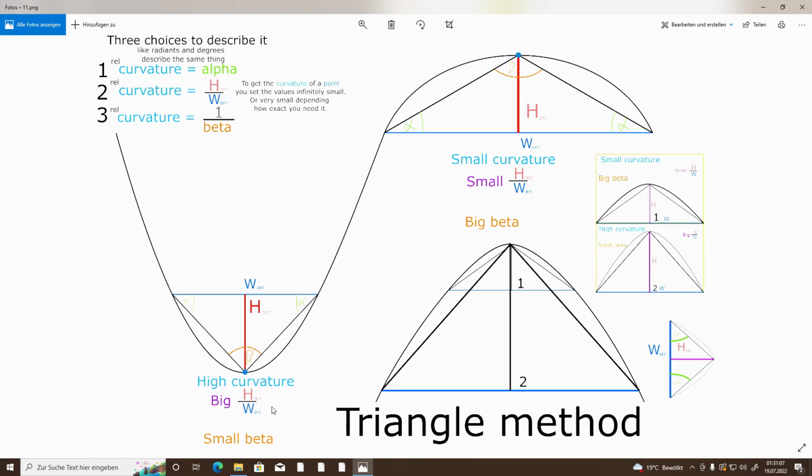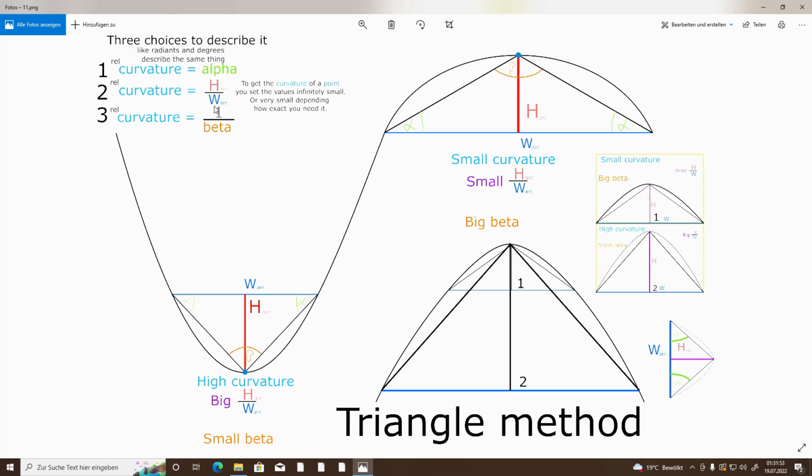So yeah, small beta, and I think a relatively big alpha, and that's high curvature, and with the more flat triangle we have a smaller alpha, so we have smaller curvature. So we can say directly it's alpha, and I'm pretty sure it's not exchangeable, so if you take one of those you will need to take one of them, but you can't mix it. I think I didn't try it. Honestly, that's not the point of the video.